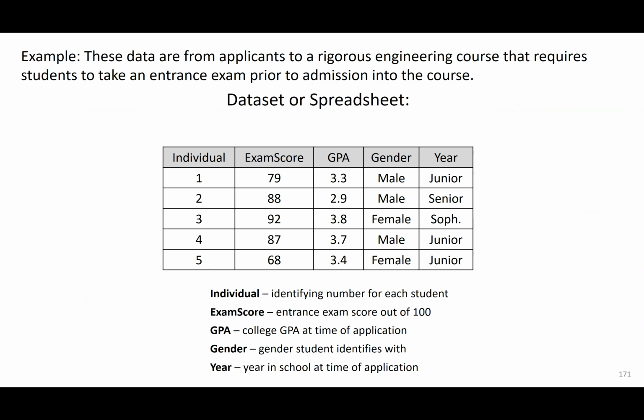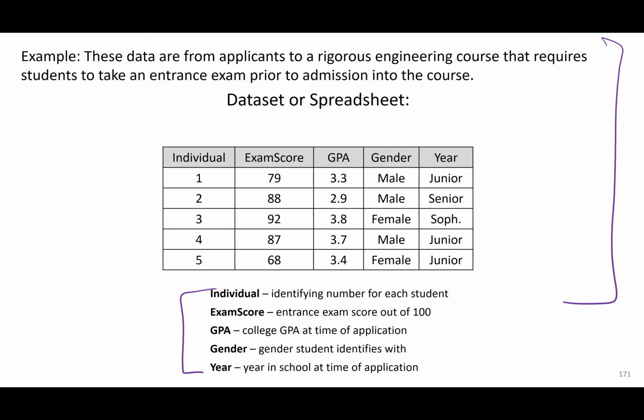So here we have an example. It's a data set from a rigorous engineering course. They make their students take an entrance exam to get into the course. Seems kind of mean, right? You already had to get into college, you already had to make the prereqs, but yeah, here, take this exam to take this course. Great. So here's our data set.